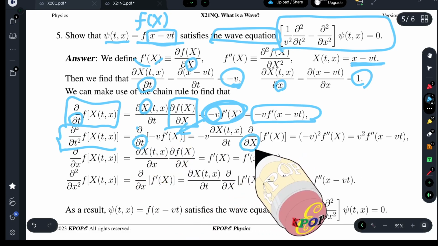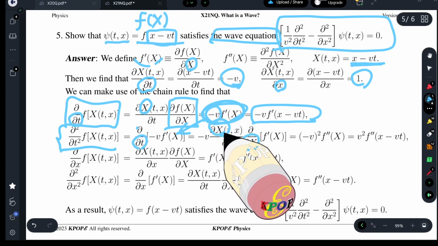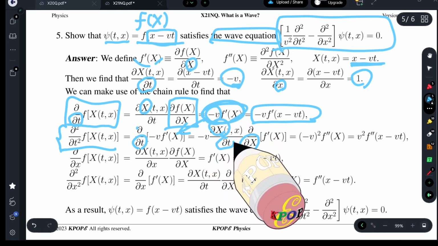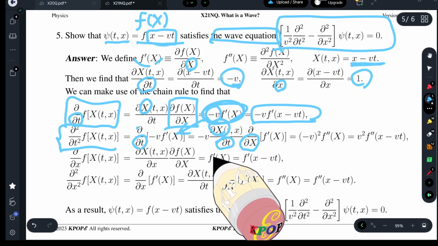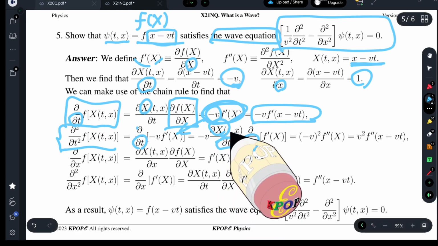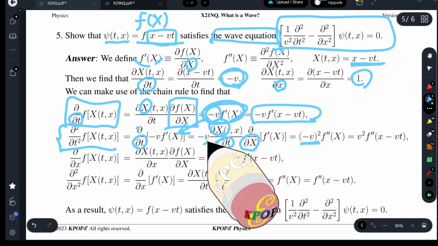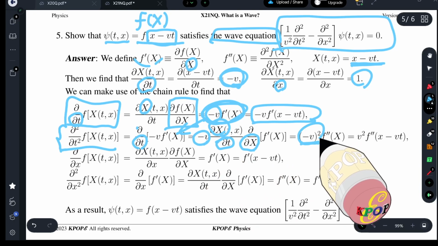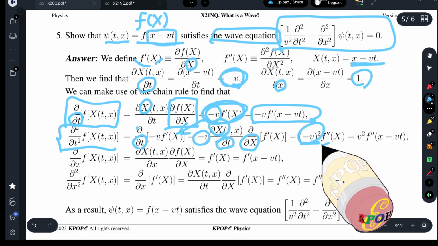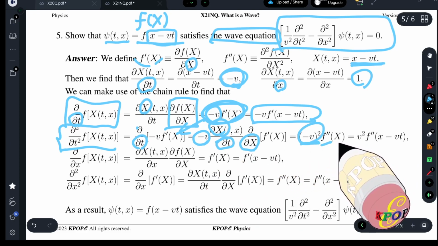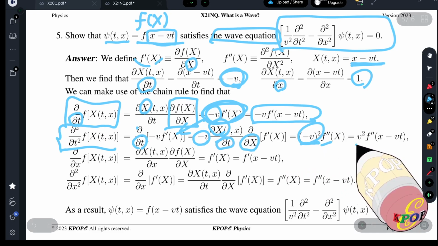First, we take the derivative with respect to capital X, and then take the derivative of capital X with respect to small t, time t. Again, we apply this to find that we have a factor of minus v squared, and the double derivative of f with respect to capital X. The final result is this.